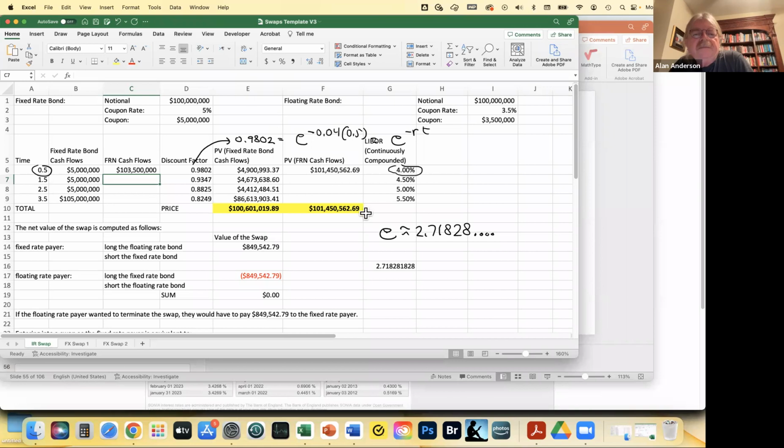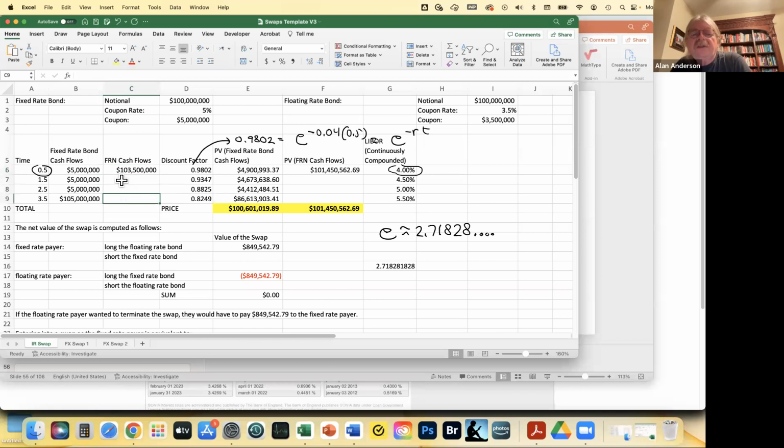All right, so now on the floating rate side, the only cash flow that we know with certainty is the next one, because after that, the following one will depend on LIBOR at the end of this period. Okay, so in 6 months, we observe the LIBOR rate. That will determine the next cash flow and the next one and the next one.